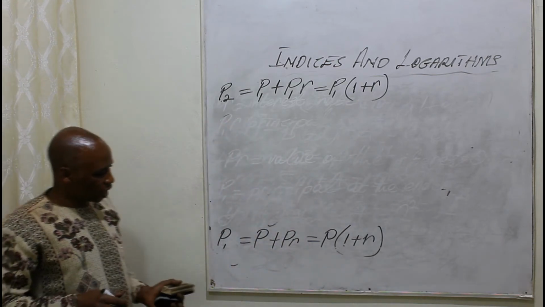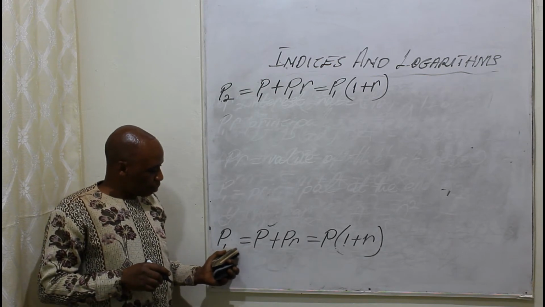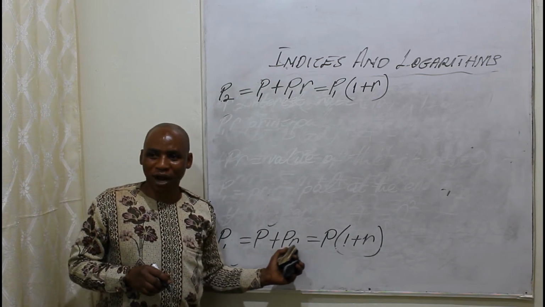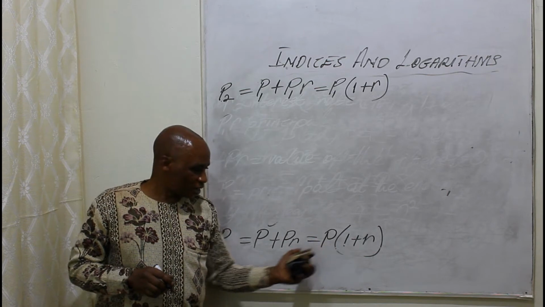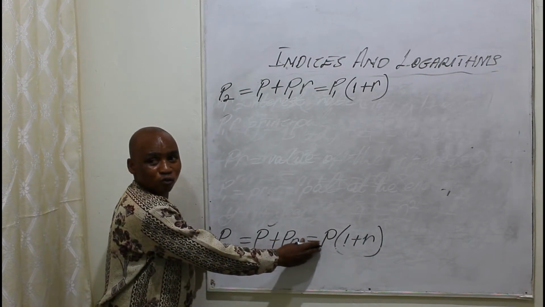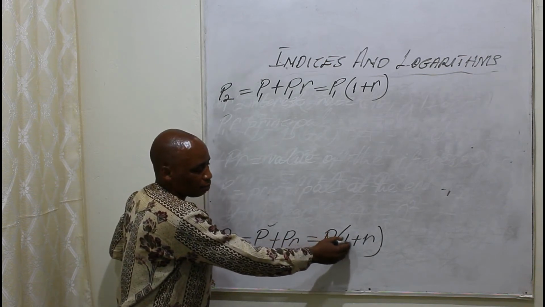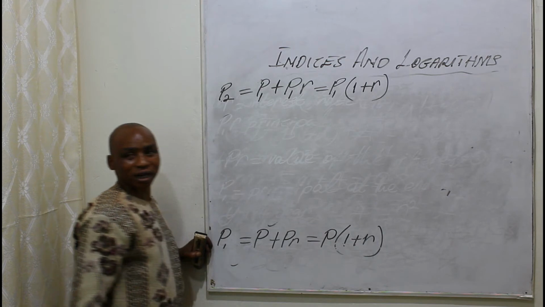But we shouldn't forget that from the calculation of the principal at the end of the first year, we had P1 to be equal to P times 1 plus R, bracket close.